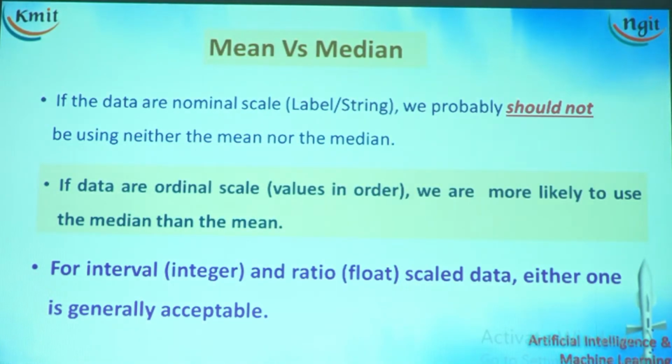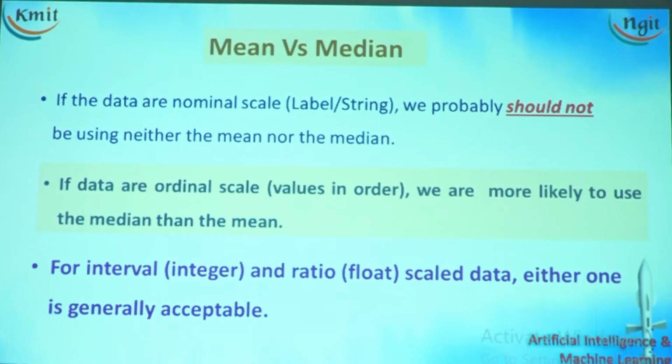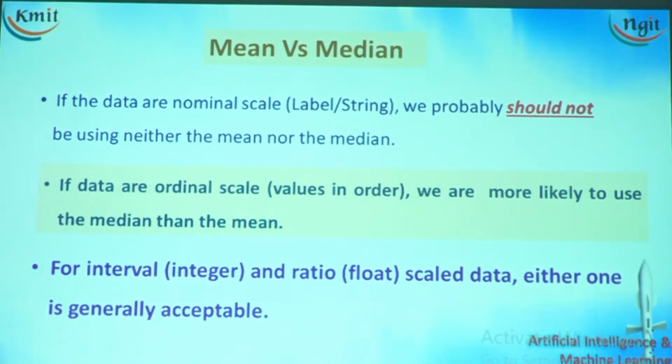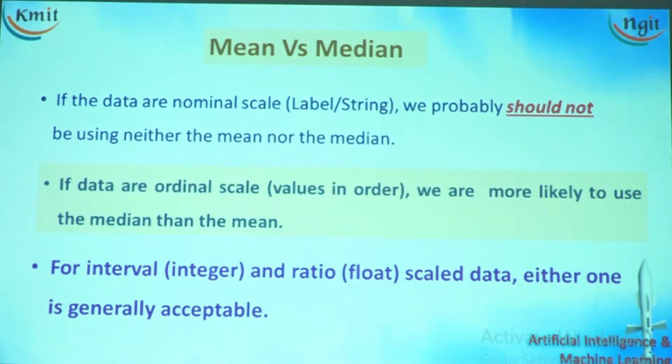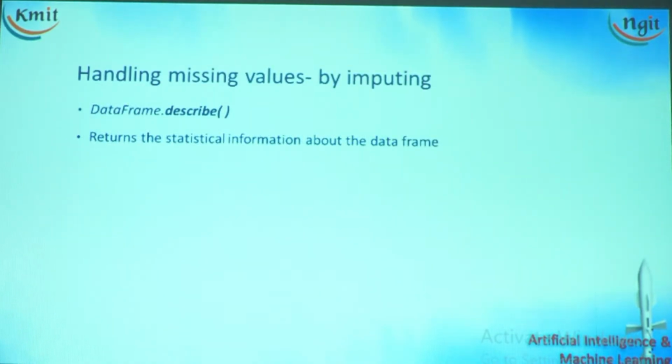So you have to be a little bit tricky over there about where you should study the median of a particular column and where you should study the mean. Clear with it, right? Now, if it is generally an interval or a ratio, that is an int or a float value, then you can generally accept any one of them. Okay, clear?